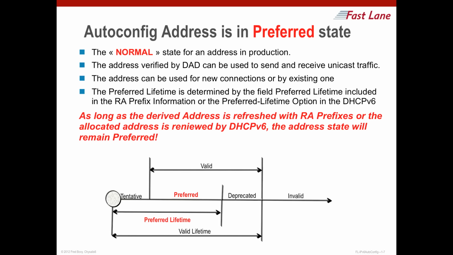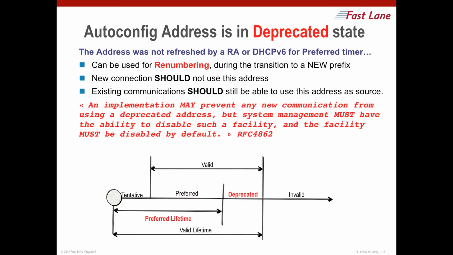The normal state for IPv6 is the preferred state. In the preferred state, the address can be used for a new connection or for existing connections. This is a normal state, and as long as your address is refreshed by any means, the address will remain in the preferred state.